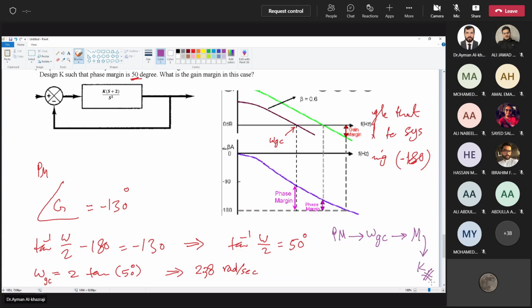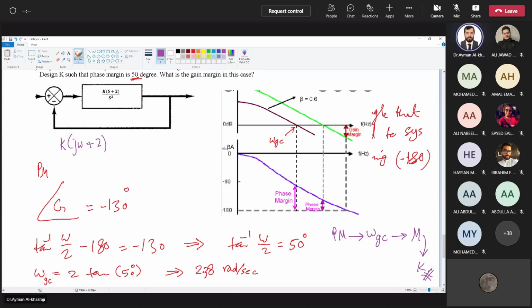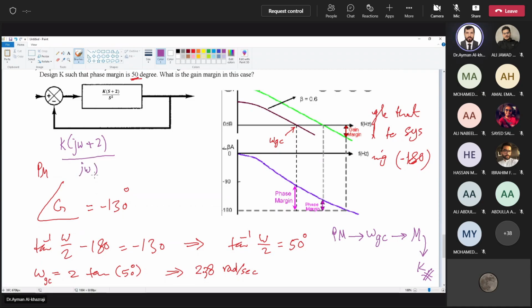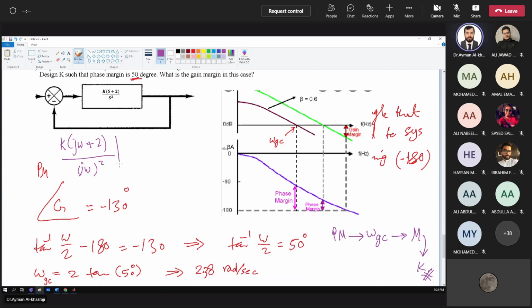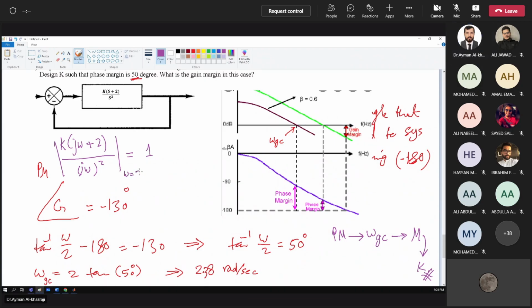That's it. So if we come here to solve, the magnitude: K times j omega plus 2, over j omega squared, equals 1 when omega equals 2.38.